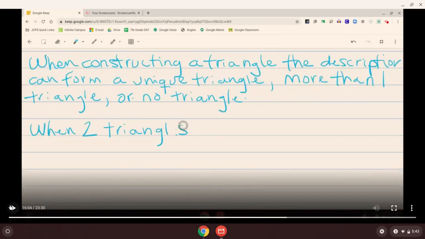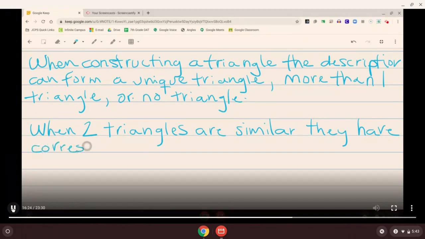So when two triangles are similar, they have corresponding angles. So they have angles that are corresponding. And we talked about corresponding parts of shapes before when we did scale factor.